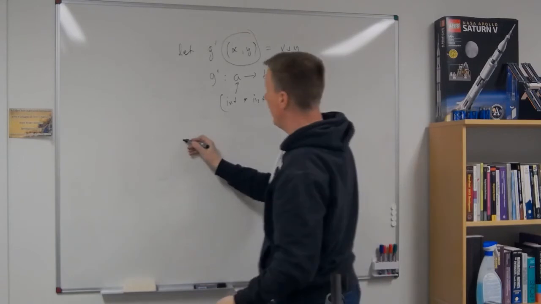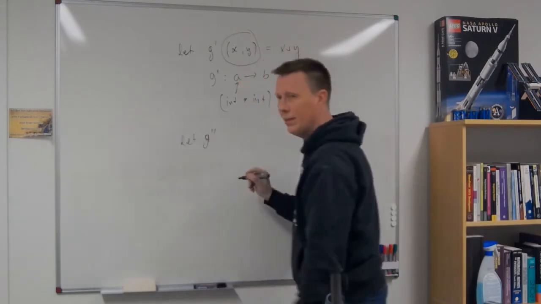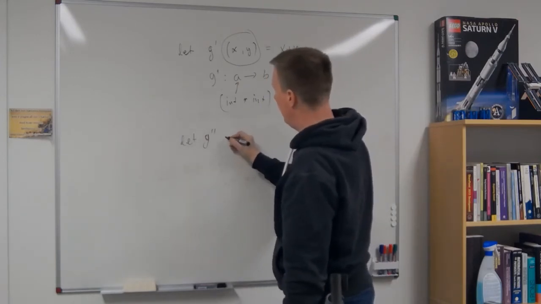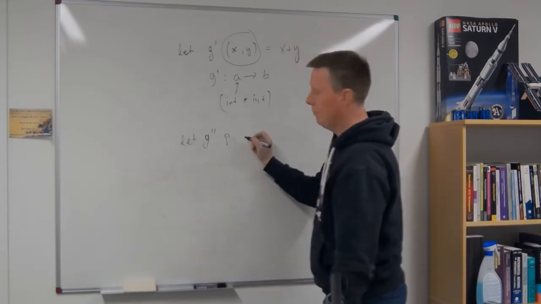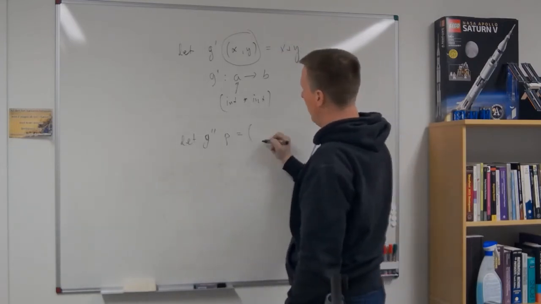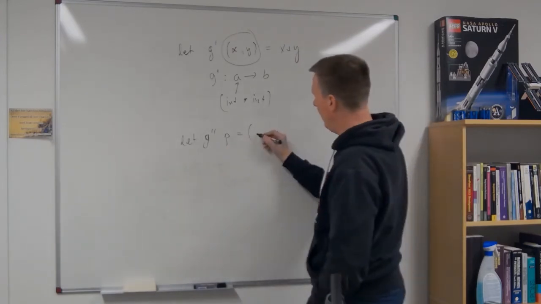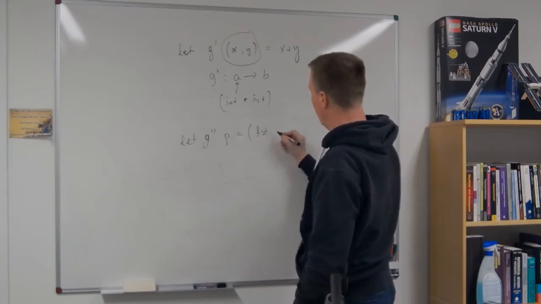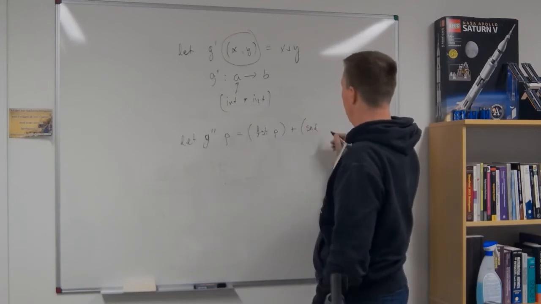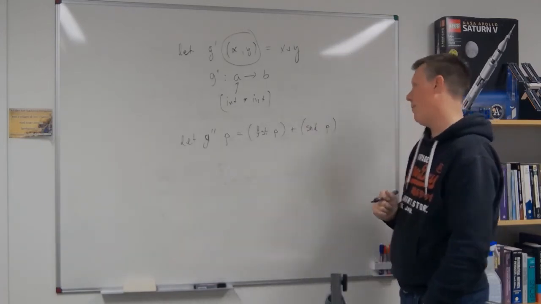Another way of doing this, let's call it g prime prime, which is again the same function but slightly different, is to say g, and I'm going to say p, which is now a pair, equals, and then I have to use a function to pull out the first element of that pair. There's a function called fst. I can apply it to p, and I can say snd, and apply it to p, and that pulls out the second element of a pair.